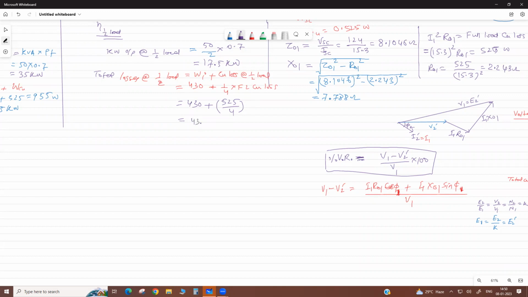So it comes to 430 plus 131.2, that is 561.25 watt.